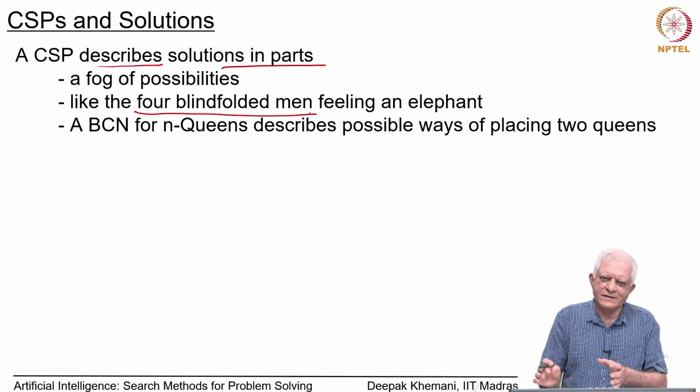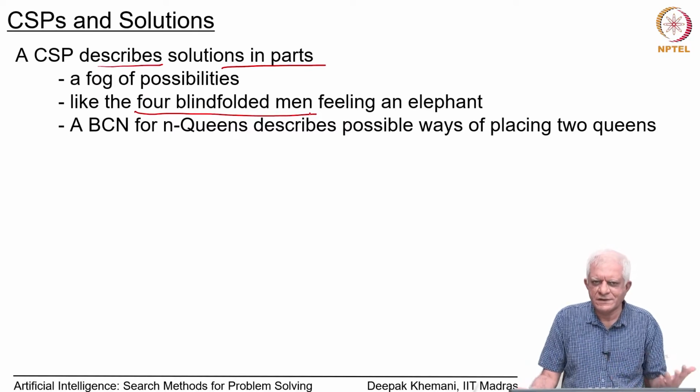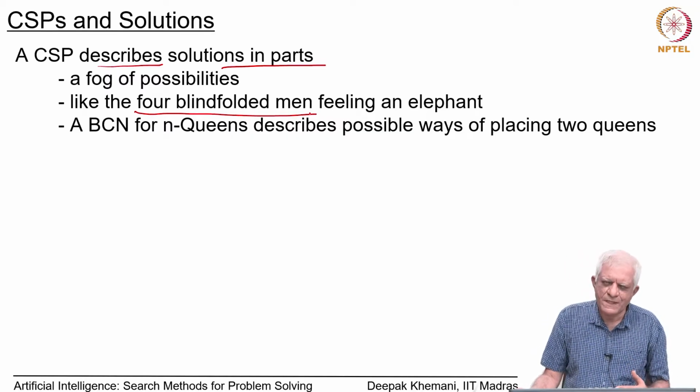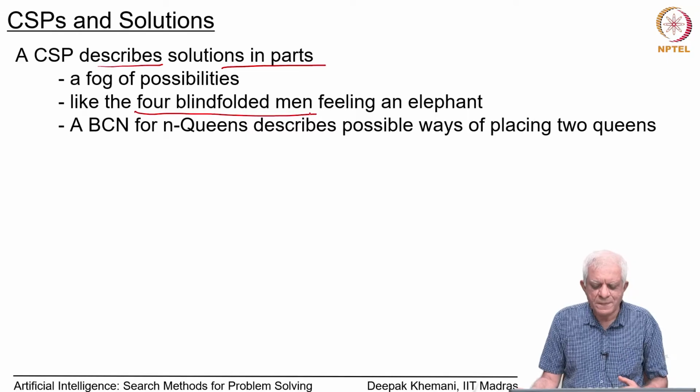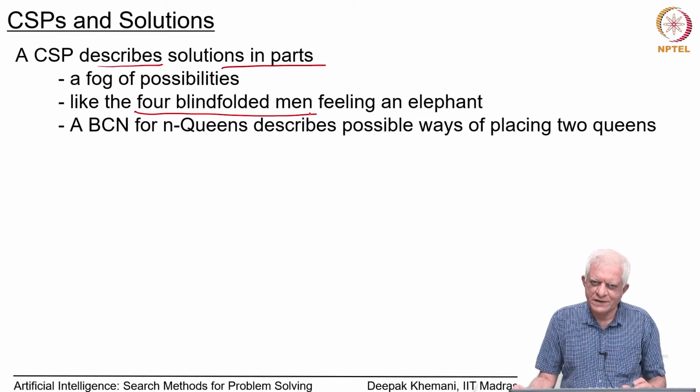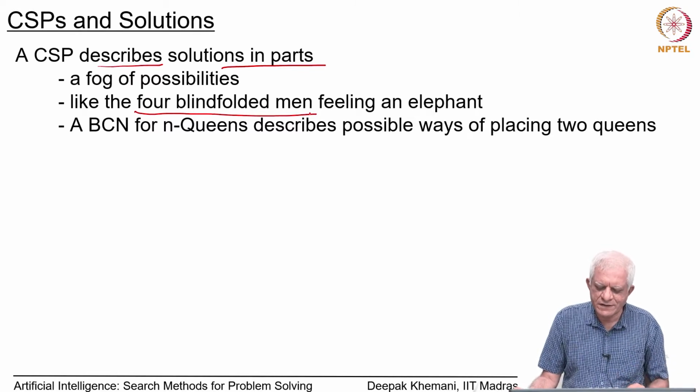Somebody senses the leg, somebody senses the tail, somebody senses the trunk, somebody senses the tusk, and so on. But each has knowledge about a part of the solution, and of course, they want to figure out what it is that they are all looking at.